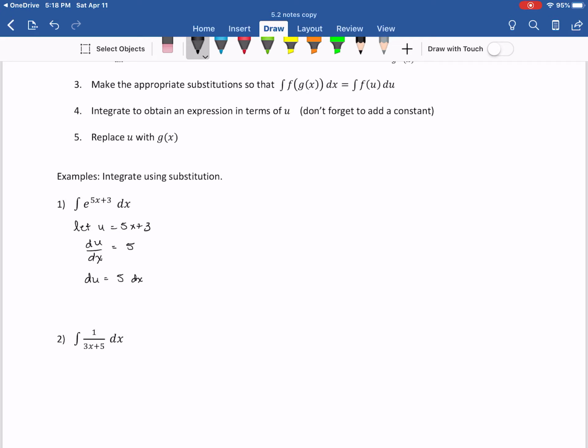So I'm going to take my problem and I'm going to write it as a bunch of stuff with u. e to the u is what the e to the 5x plus 3 becomes. Now, the dx, let me take this line right here and change it just a little bit. dx would be equal to du divided by 5.